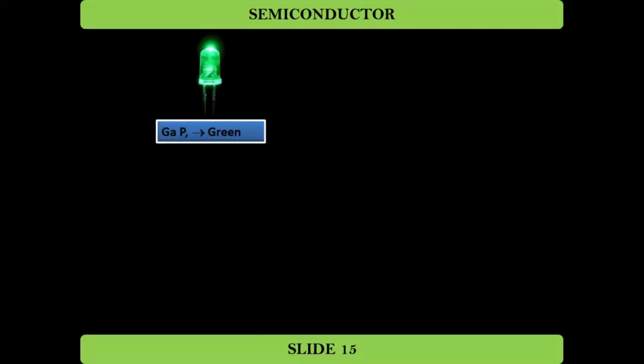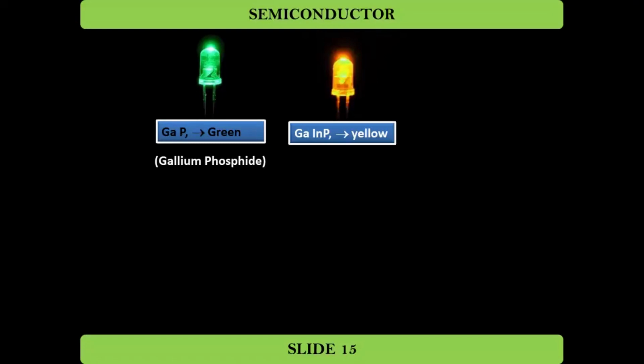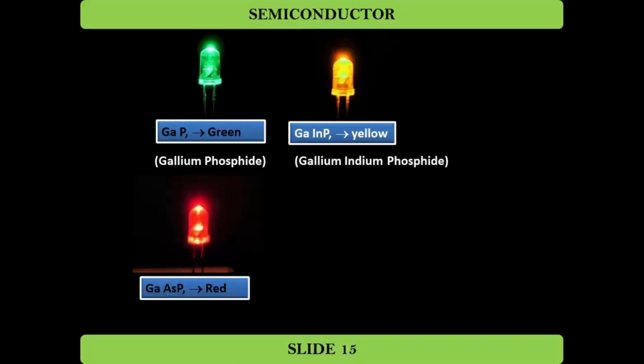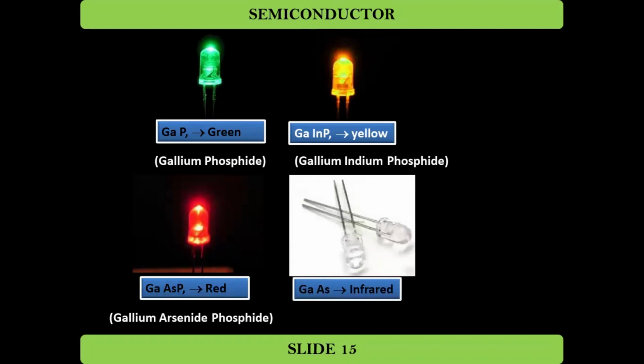Here you can see it is gallium phosphide, then you come across green color. If you want yellow color, you would use gallium indium phosphide. Red color, gallium arsenide phosphide, and so on. So different colors come up.